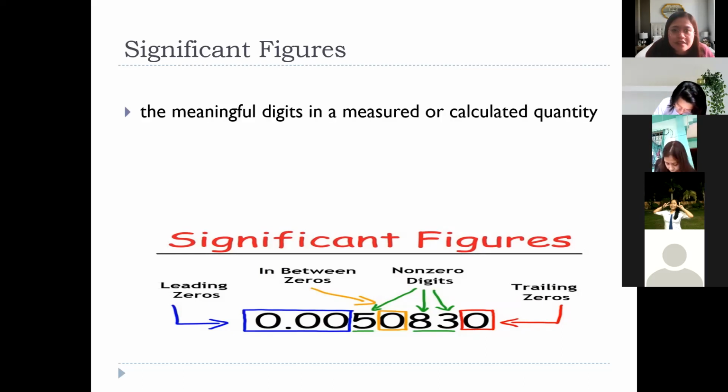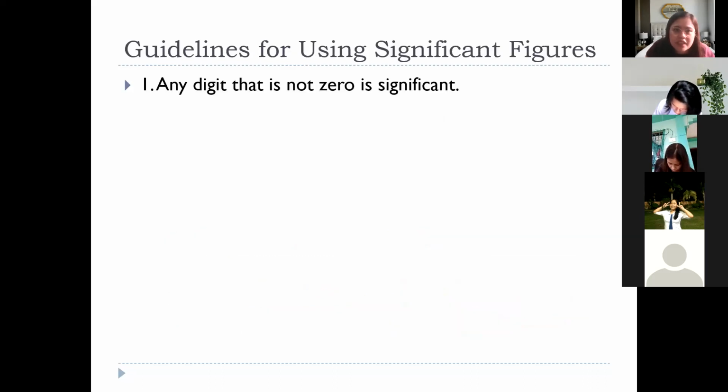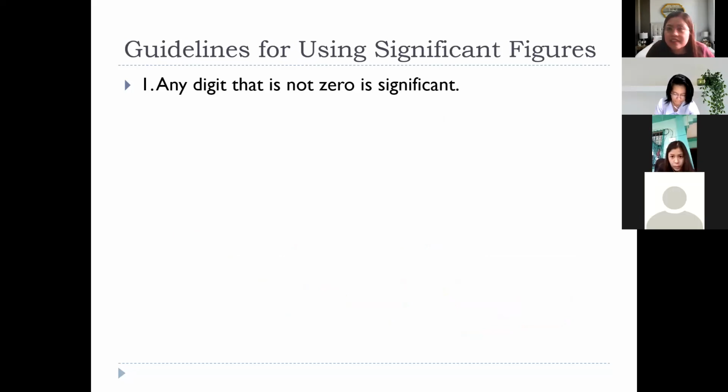Next. So let's have here the rules for the significant figures again. They are actually considered meaningful digits when we do calculations or measurements in the chemistry laboratory. Number 1, of course, all non-zero digits are considered significant.